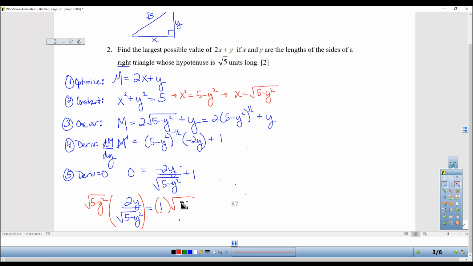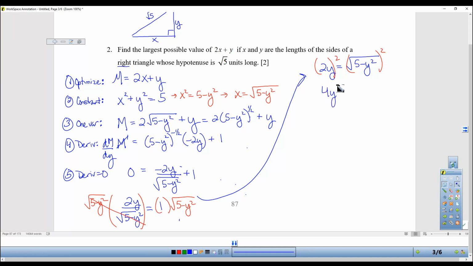Anybody that's had me for any length of time knows that I'm a big believer in clearing the fractions. So that gives me 2y is equal to the square root of 5 minus y squared. I would square both sides to get rid of my root. That would give me 4y squared is equal to 5 minus y squared.